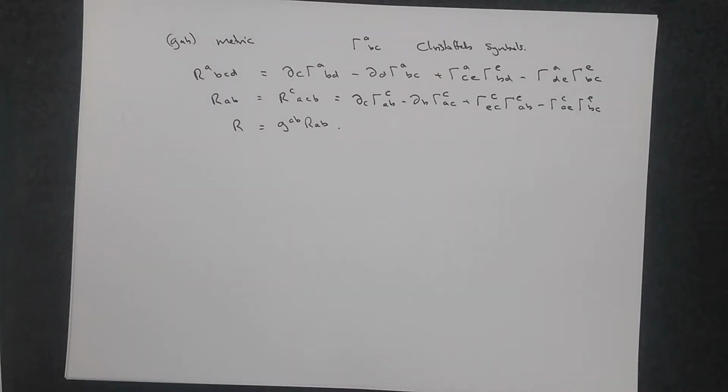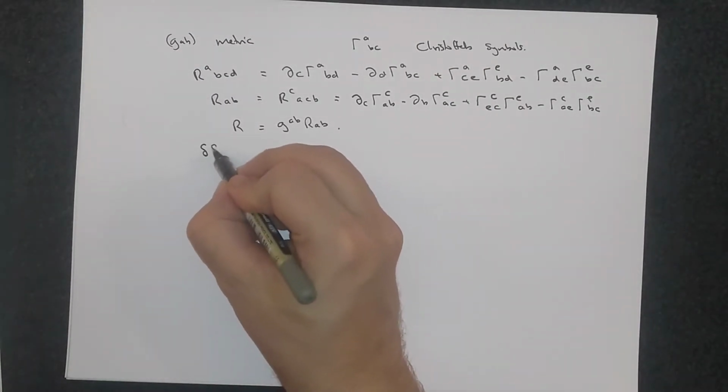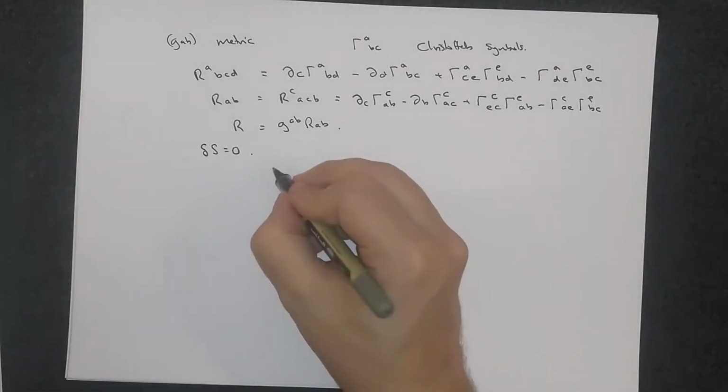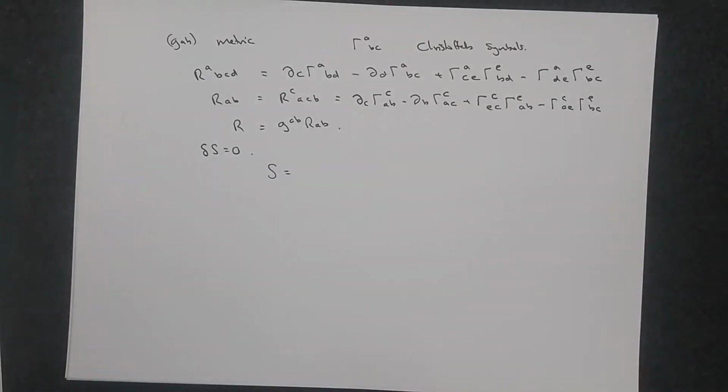We are going to define our theory through an action principle. We're going to have delta S equal to 0. S we're going to take to be the simplest thing we can think of, which involves the curvature.